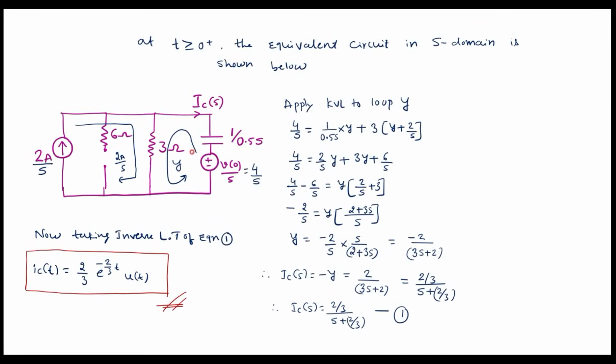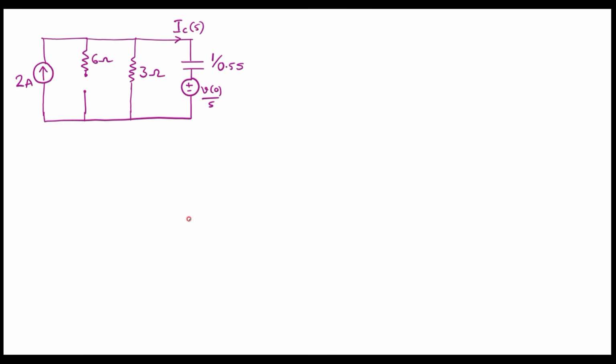So we know that VC of t is nothing but the voltage across this entire path. Here the voltage across this terminal is VC of s. Therefore, I can represent it as VC of s equal to the voltage across this capacitor, that is 1 upon 0.5 s into IC of s, plus V of 0 by s.